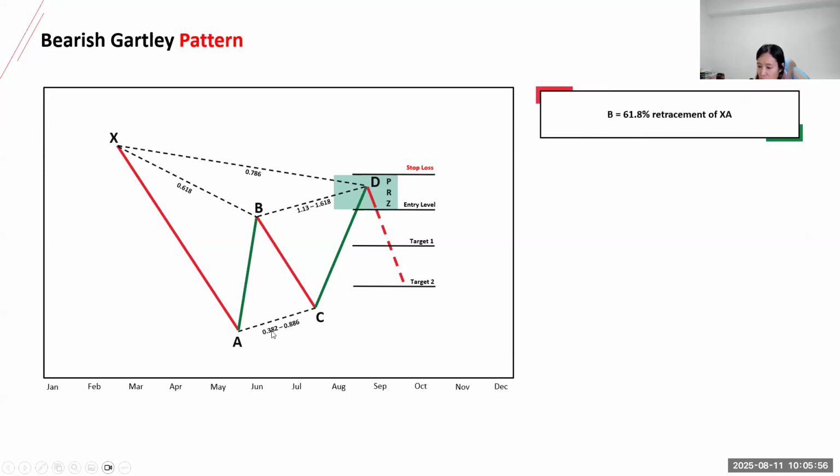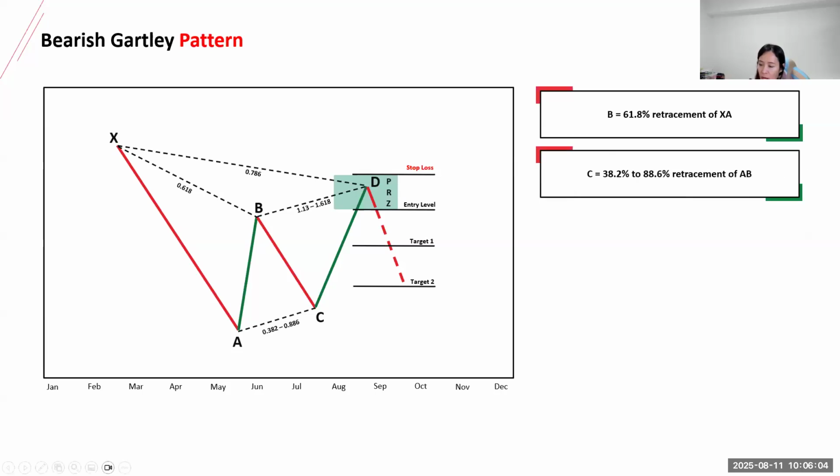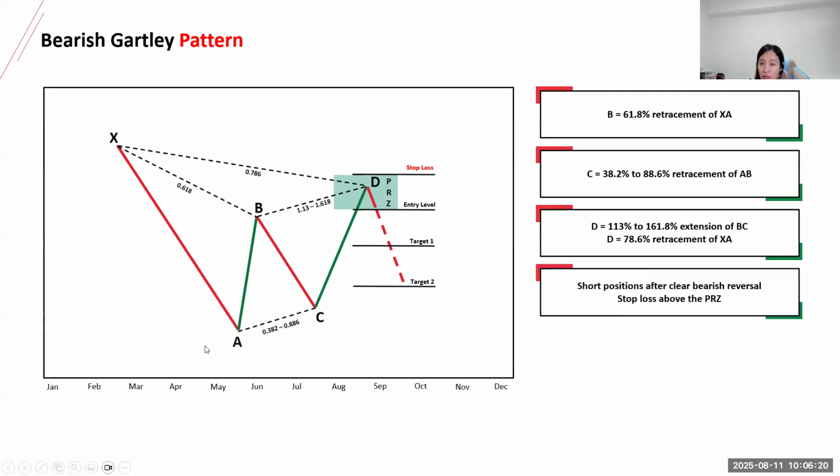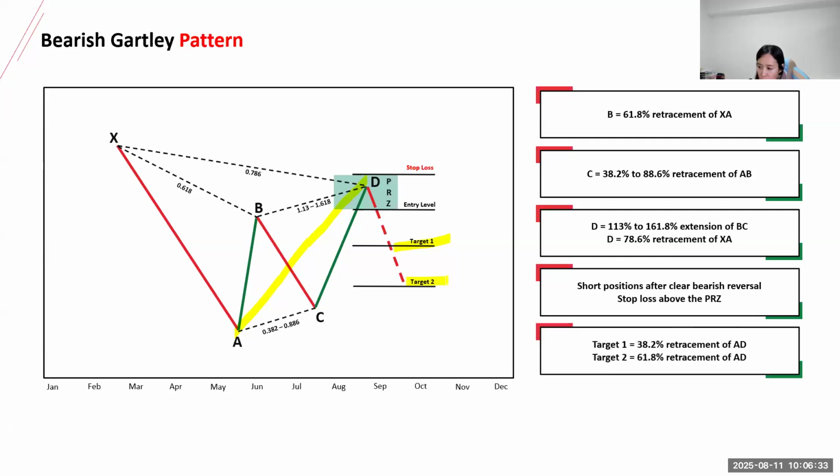C can retrace anywhere between 38.2 to 88.6% of AB. Two ways to measure D: from X to A, 78.6%, or BC extension 131 to 161.8. And we measure the take profit from A to D, TP1 38.2%, TP2 61.8%.